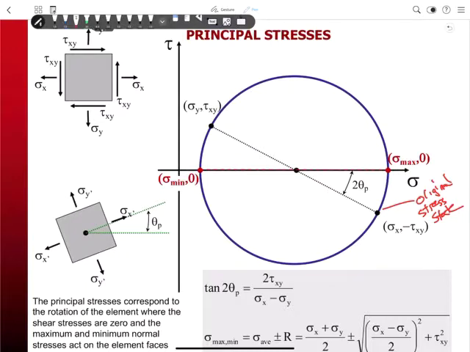And then there are 2 interesting points that come out of that. We've already talked about this one up here, which is tau max, and then this one here, which is sigma max. So how could I orient my stress element such that I can get maximum normal stress there? How can I orient my stress element to get maximum shear? It's right there.